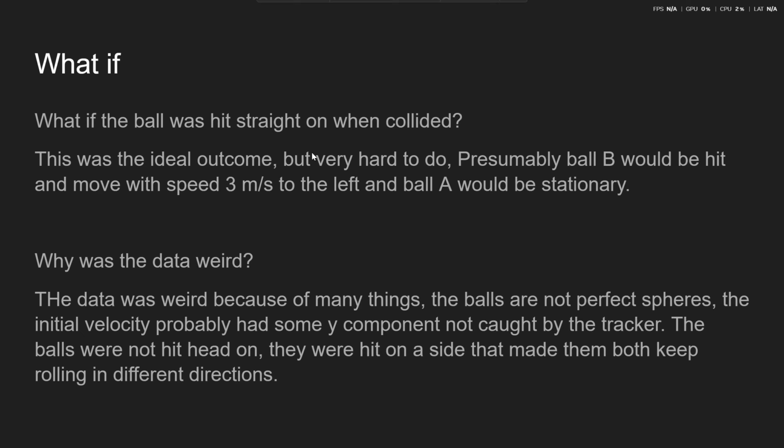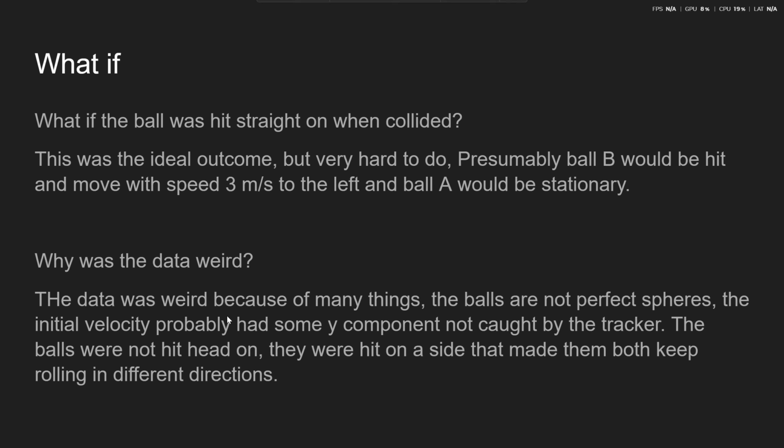The data was weird, and the reason the data was weird was because the balls aren't perfect spheres. If you know baseball, they have the laces on the edges, so they can definitely roll strangely and not perfectly.